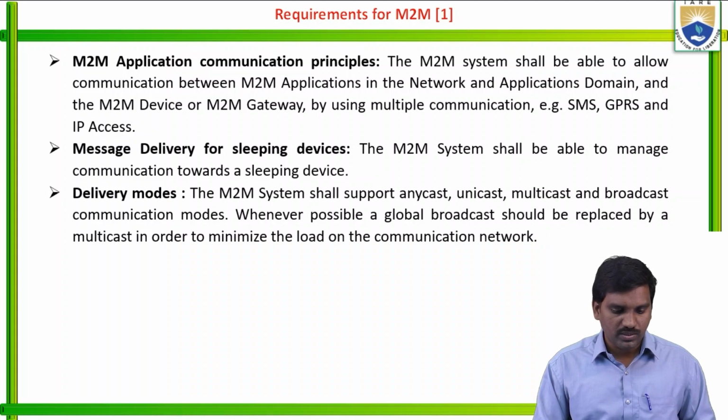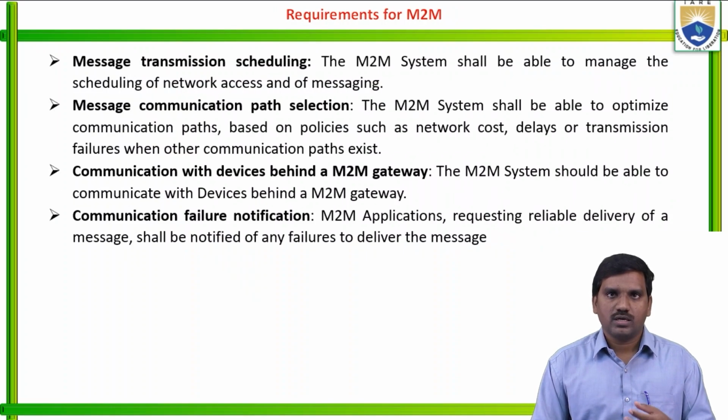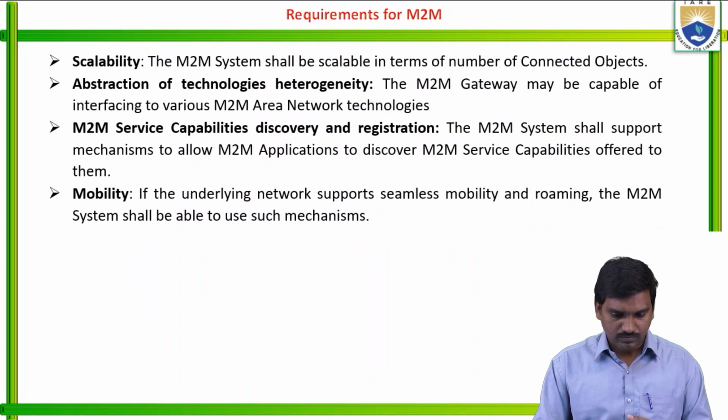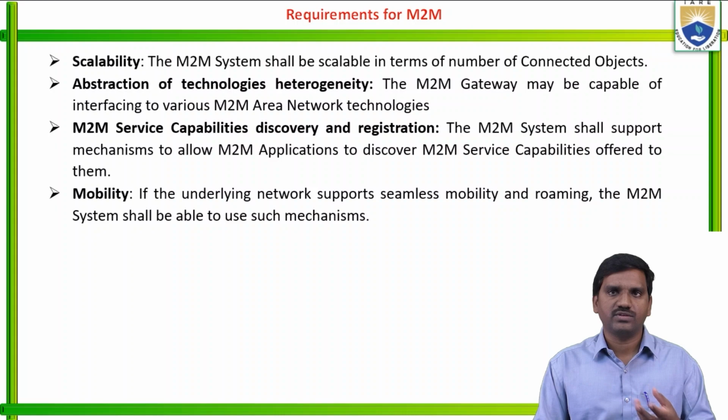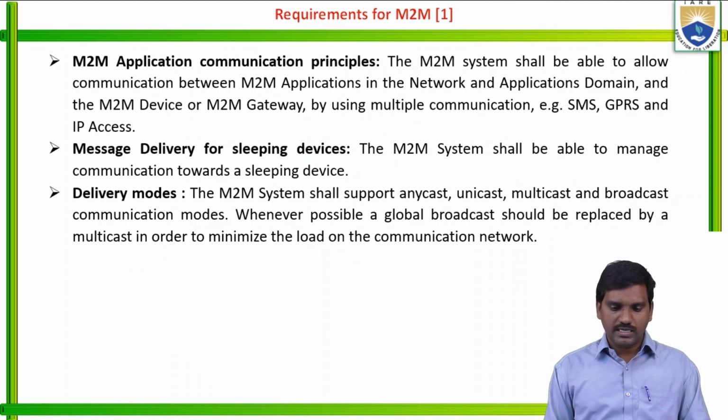Machine to machine application communication principle, message delivery for sleeping devices, delivery modes, message transmission scheduling, message communication path selecting, communication with devices behind the M2M gateway, communication failure notification. Scalability, abstraction of technology, heterogeneity communication, M2M service capability discovery and registration, and mobility. So these are some requirements of machine to machine.